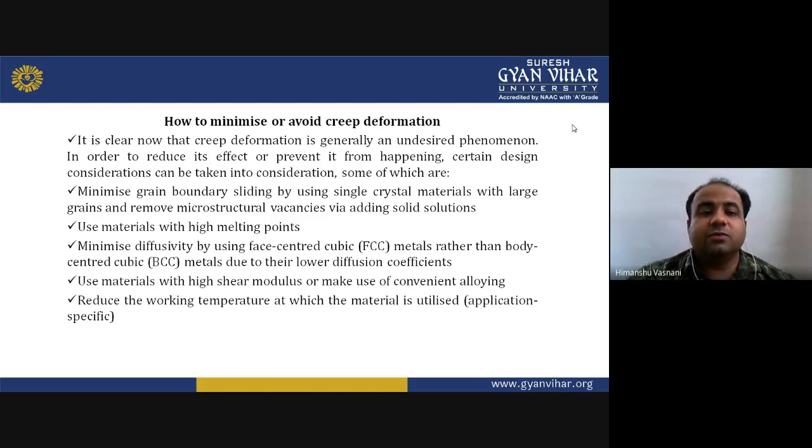Use materials with high shear modulus, or make use of convenient alloying to reduce the working temperature at which the material is utilized, depending on the application. Through these things you can minimize or try to avoid creep, because this deformation is time dependent and it may occur over a very long time.